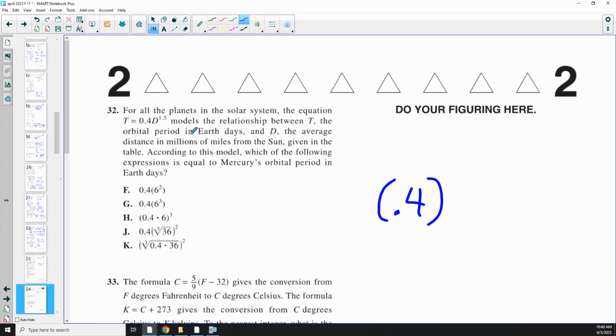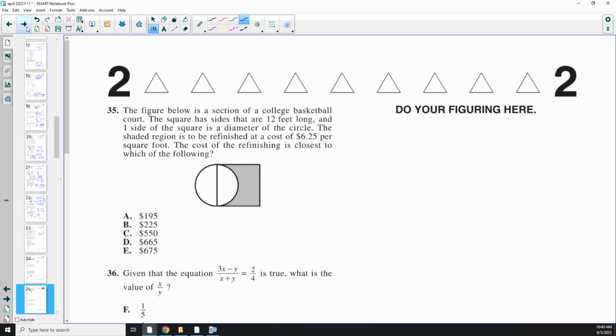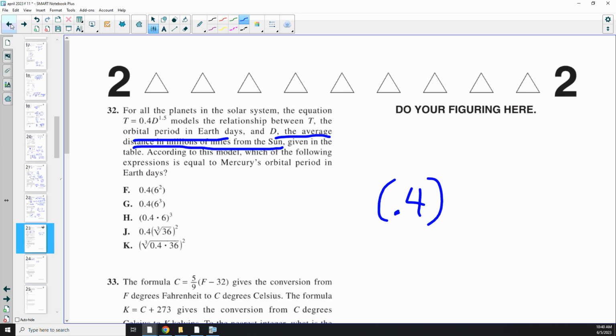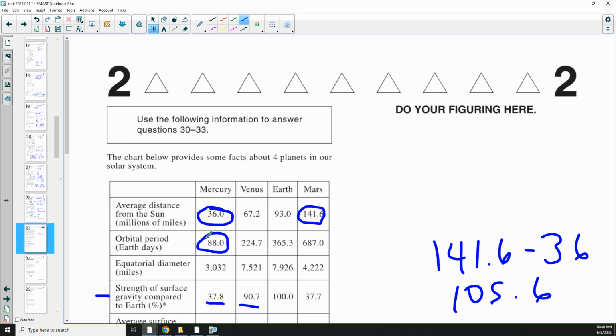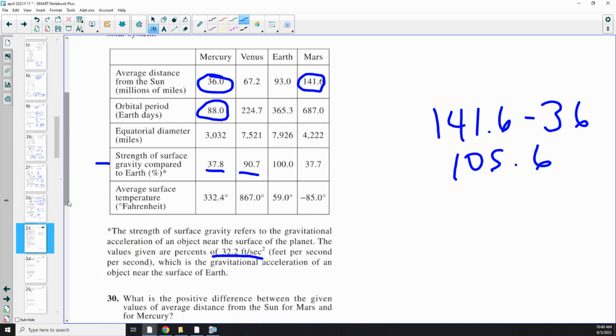Let's see. The orbital period in Earth days. D is the average distance in millions of miles from the sun. So the average distance from the sun is 36 million miles.